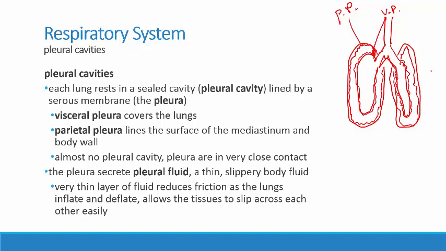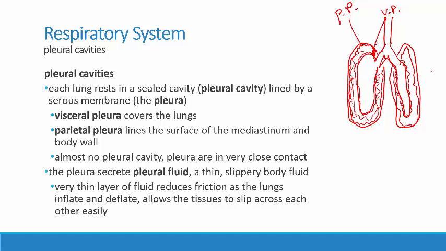The pleura come almost into very close contact with each other, but there's just a very thin layer of pleural fluid, which is a thin, slippery body fluid. It's one of the serous fluids, just like the pericardial fluid or the peritoneal fluid that surrounds the gut.